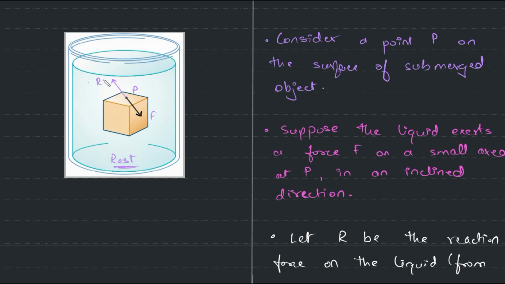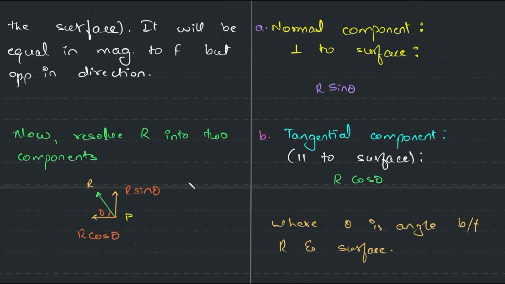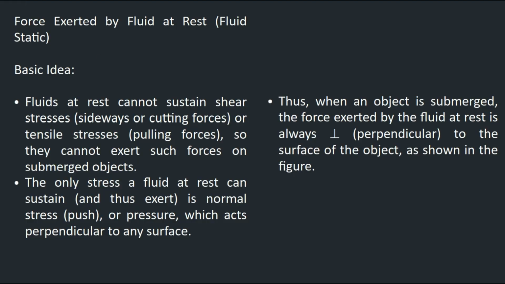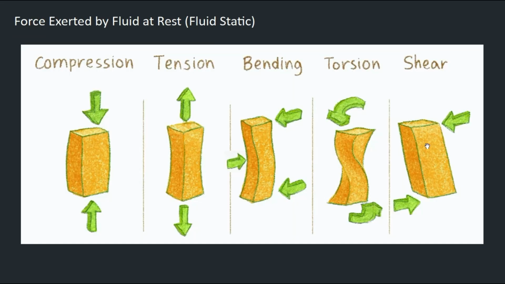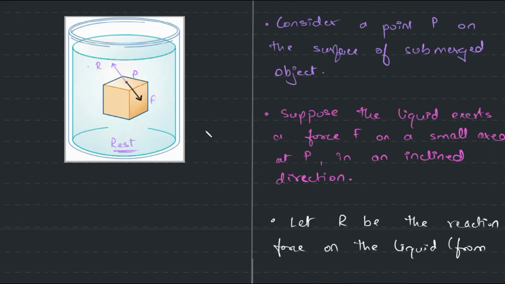So we have a reaction force of R. When we resolve the reaction force, we have R sine theta and R cos theta. R sine theta is your normal component, R cos theta is your tangential component along the surface. But we know that along the surface, water cannot handle it. If the water is at rest, it cannot handle it. It will start moving. That will contradict our initial statement of water being at rest. We said the water is not moving.